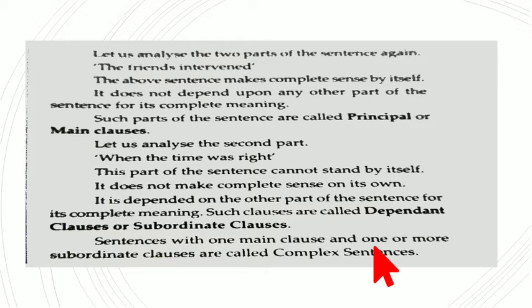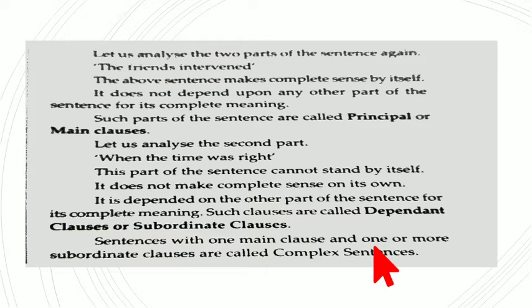Okay, so till here we have understood that a clause is a group of words which has a subject and predicate of its own, that is known as the main clause, and the part of the sentence which does not have complete meaning is known as the subordinate clause or the dependent clause.